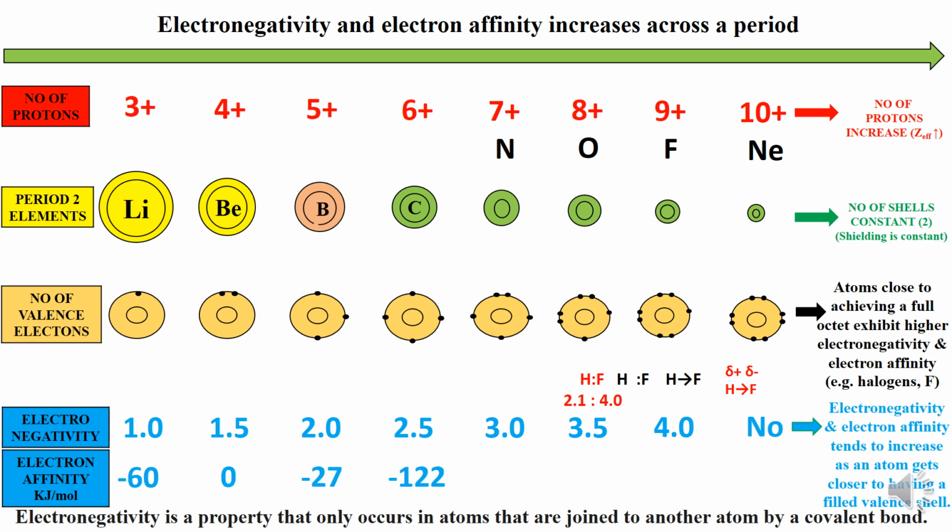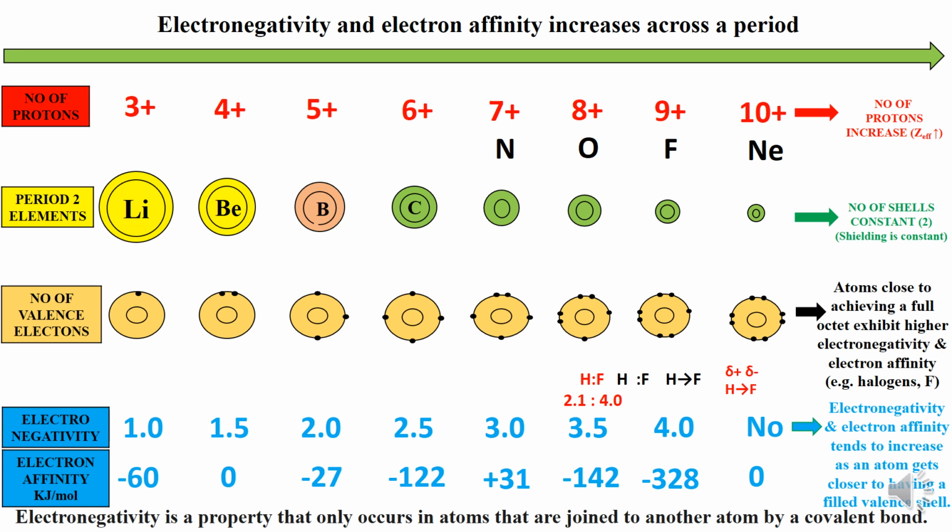And electron affinity, as per the general trend, should increase across the period, but there are a few exceptions, with beryllium and nitrogen showing anomalous behavior.